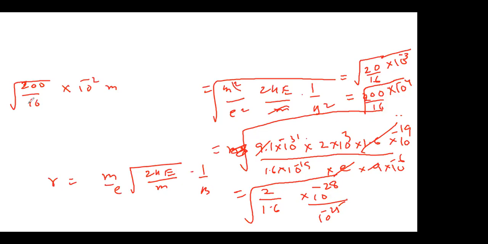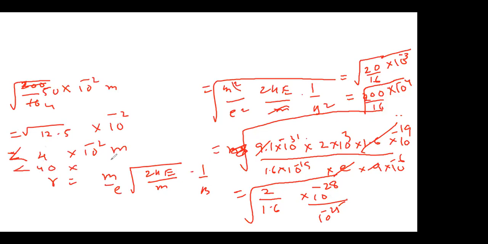200, 4 4s are 16. 4 into 5, 20. So this will be 12.5 into 10 raised to minus 2. 12.5 is close to 16. That means square root is slightly less than 4 into 10 raised to minus 2 in meter. So we can say this is 40 into 10 raised to minus 3 meter.